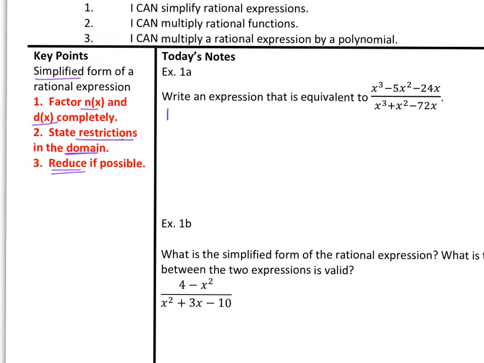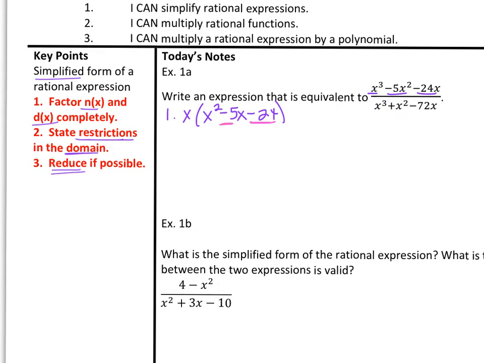So step 1 is to factor completely. In the numerator, we have x cubed minus 5x squared minus 24x. Notice they all have an x in common. If you factor that plain x out, we would get x squared minus 5x minus 24. And now that's quadratic. Let's see if we can split that constant into two numbers that would add to get the b value in the middle.